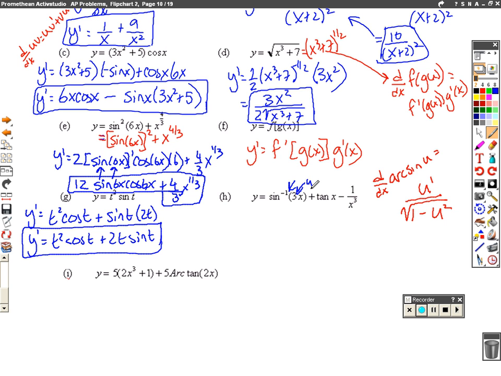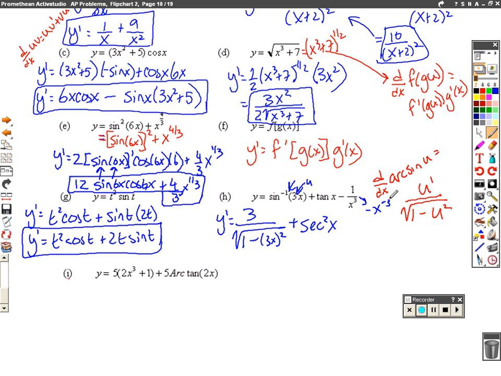So y prime. We have u prime. What's the derivative of 3x? That's 3 over the square root of 1 minus u, that's 3x squared. Plus the derivative of tan of x, which is secant squared of x. And then this term on the end, it says -1 over x cubed, which is really minus x to the -3.